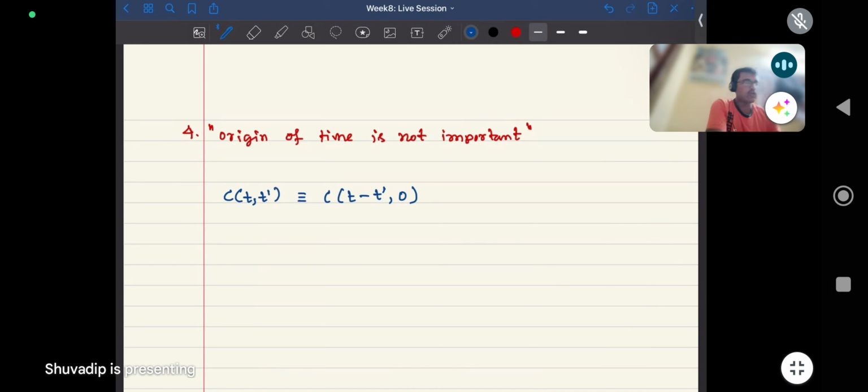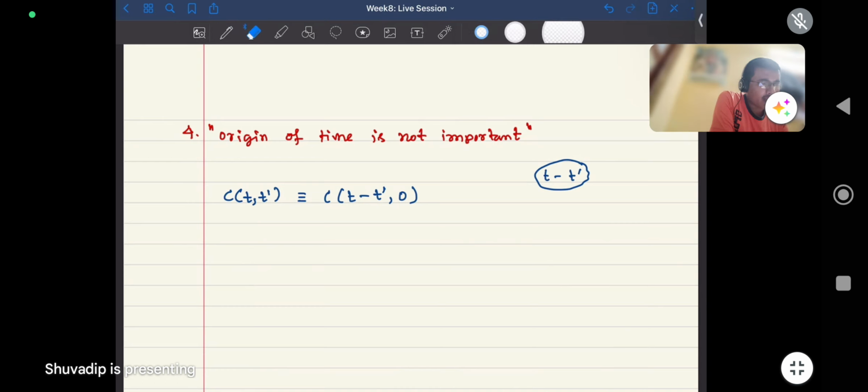It is only dependent on this difference between the two time points, t minus t'. So this kind of property is called time translation symmetry, where we can shift the origin to any point, but the property of the function is not dependent on the position of the origin. It is only dependent on the difference between the two time points.